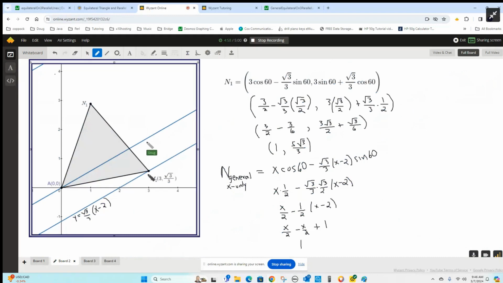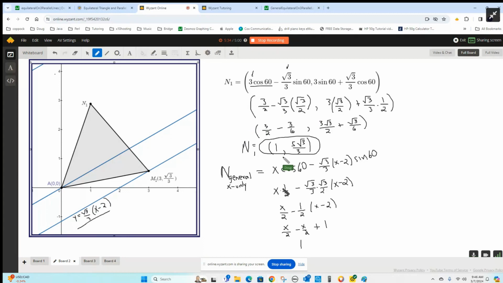Here's the first M sub 1. We saw that was 3, comma, square root of 3 over 3, because I plugged 3 into this equation right here. And the image is using the rotation formula. I'll put 3 in for x and radical 3 over 3 in for y. And I get, those are the coordinates of N sub 1.